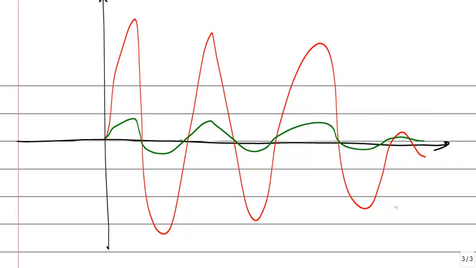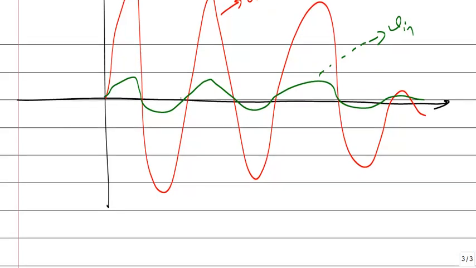For example, if you apply a signal like the green signal, assume that the green is input, and the red is the output.